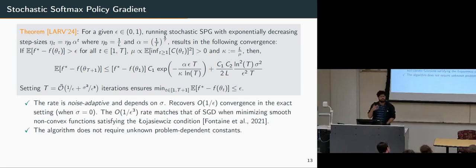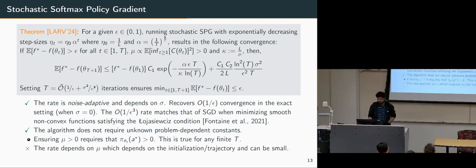So if you have rewards which are not varying as much and sigma is small, then this algorithm will converge faster. If sigma is 0, it retains the 1 over epsilon rate. When sigma is non-zero, in the worst case, it actually matches the 1 over epsilon cube complexity in these other SGD papers. Okay, so because you know capital T beforehand, you can trade off the bias and the variance in a smarter way and get this noise adaptive rate.